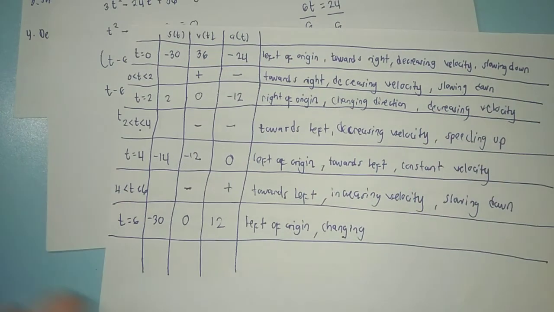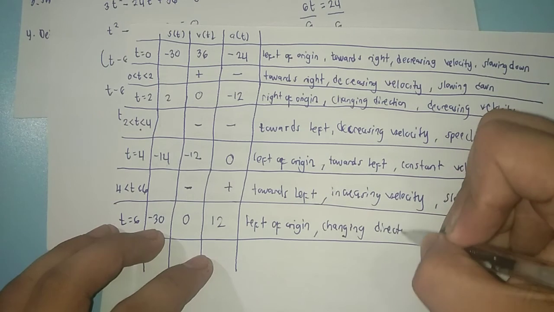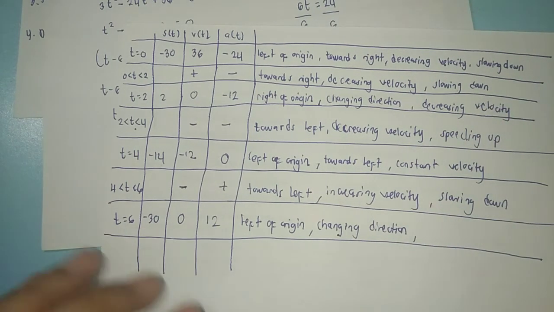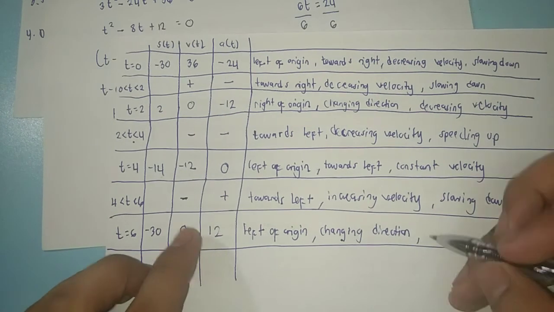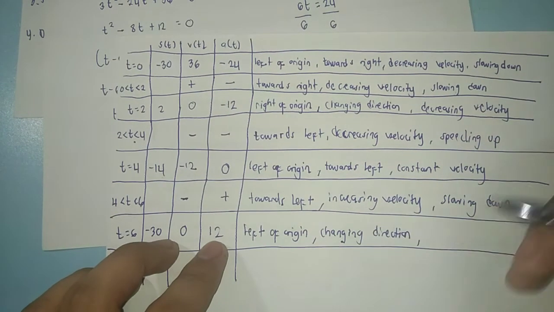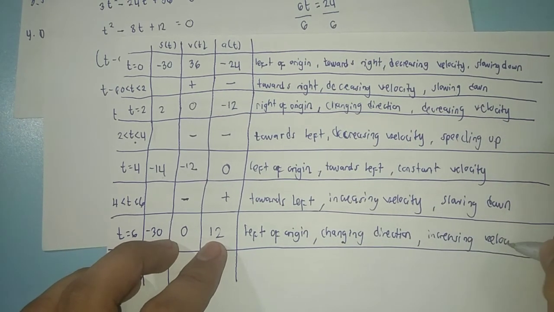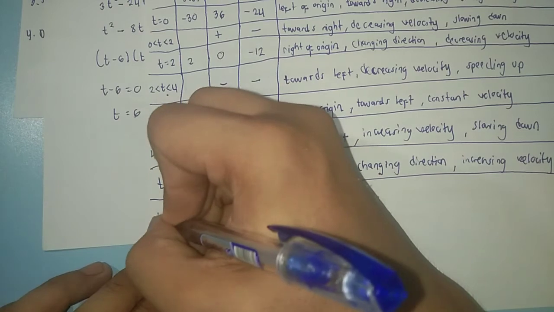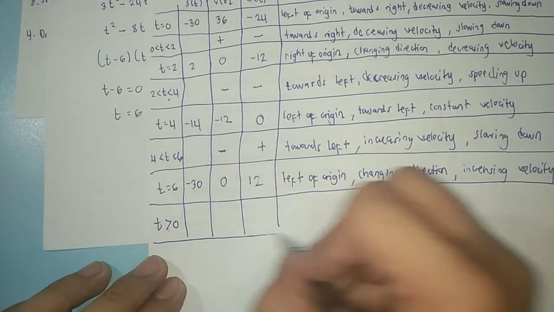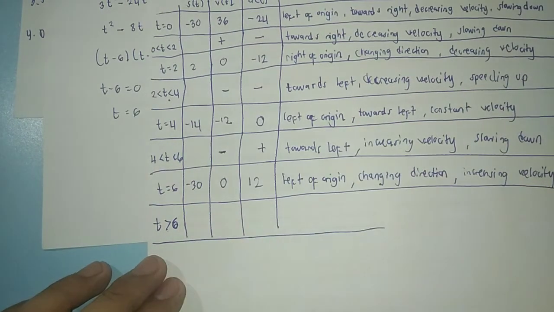I mean, nag-change siya ng direction. Okay? So, kumbaga, kung papunta siya sa left side, kumarap siya sa right. Magbabago ng direction. Tapos, increasing velocity kasi positive yung acceleration. Increasing velocity. Then, the last one, at t greater than 6.